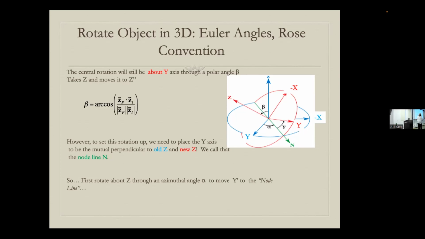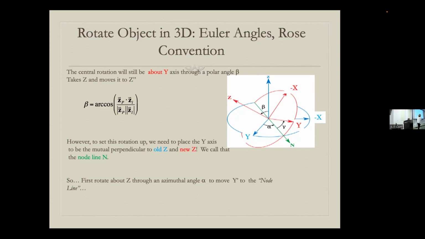So here is a y-axis, the one called n here. Pay attention to n. N is a mutual perpendicular for the two z-axes. So here's z, old z. In our case, that would be the B field. And here's the new z.